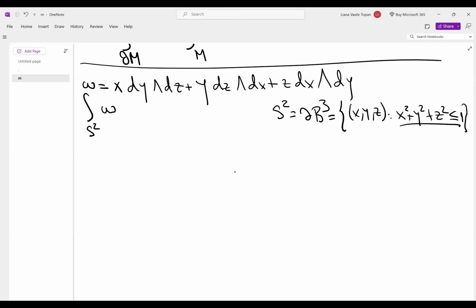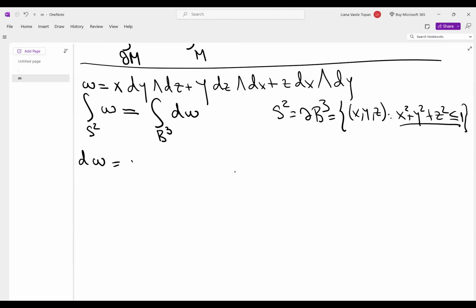So we find exactly S2. So the integral over S2 of omega, using Stokes theorem, is the integral over the ball of the exterior derivative of omega.